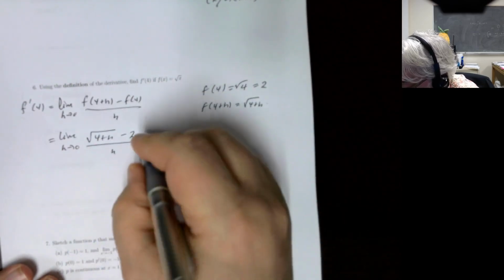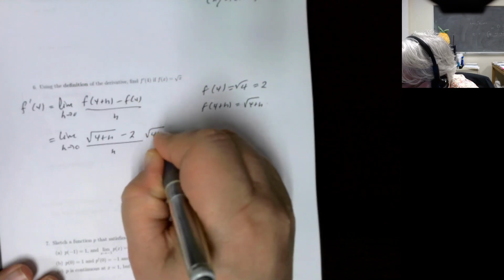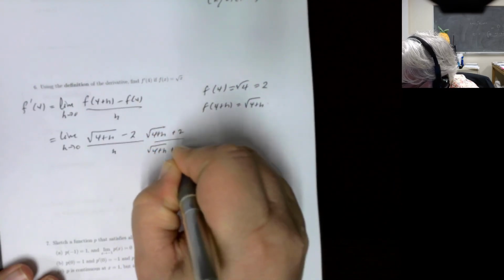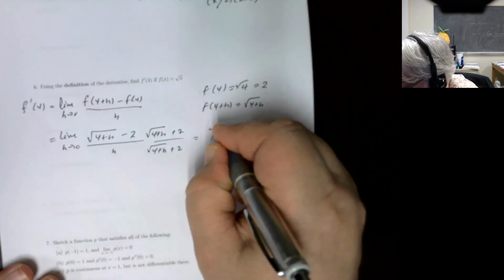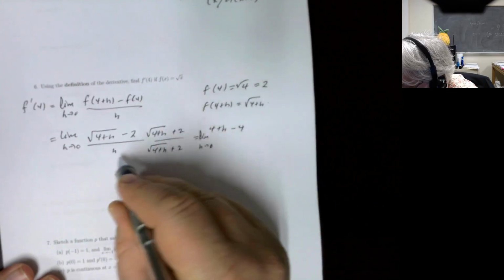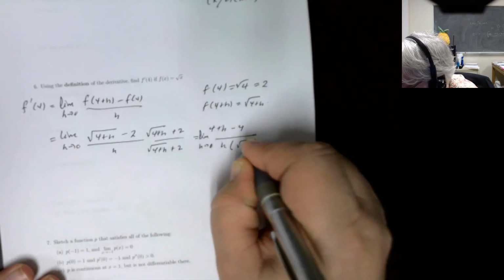Now we talked about how to work this in here. We take a plus sign, and the reason we do that is because now the numerator becomes 4 plus h minus 4. I forgot my limit here. And then the denominator becomes h times your denominator here, square root of 4 plus h plus 2.